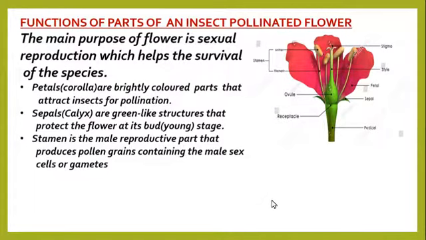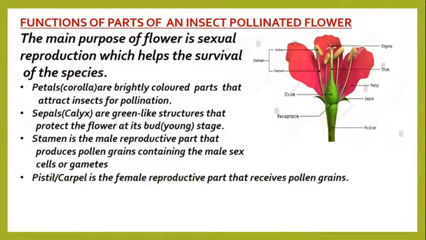Let's look at the female reproductive parts. Pistil, also known as carpel, is the female reproductive part that receives pollen grains. So when the pollen grains are transferred from the anther, they settle on the pistil. And the pistil has about four main parts.